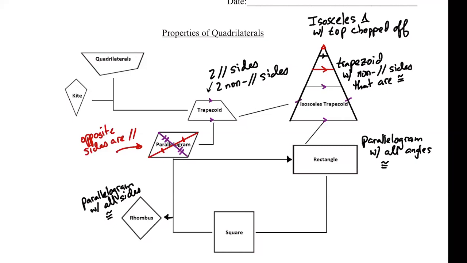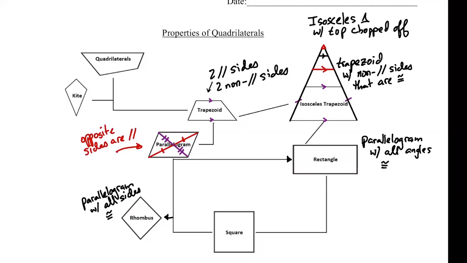So the general quadrilateral is the most straightforward because all you have to do is demonstrate or prove that there are four sides to the figure. To make something a trapezoid, you need to have two parallel sides. To make something a parallelogram, those other two sides also have to be parallel. To make that parallelogram into a rhombus, not only does it need to be a parallelogram, all the sides have to be congruent.